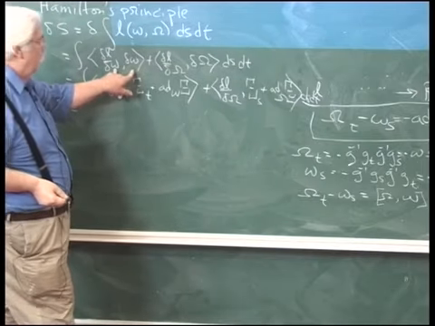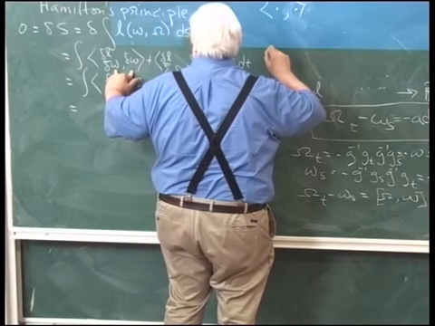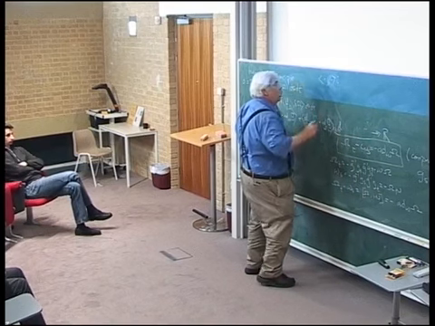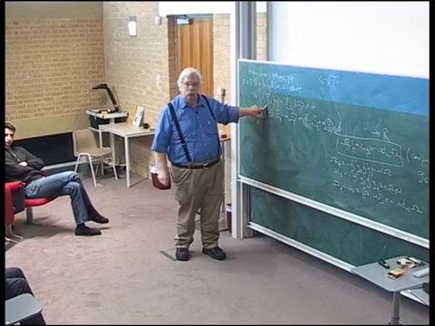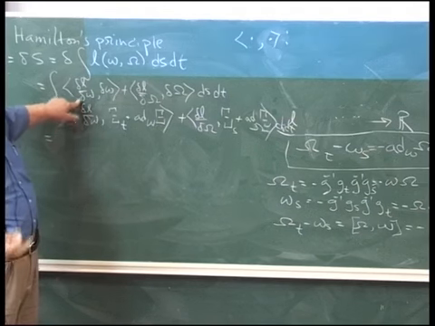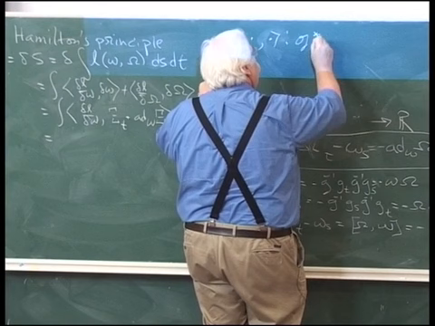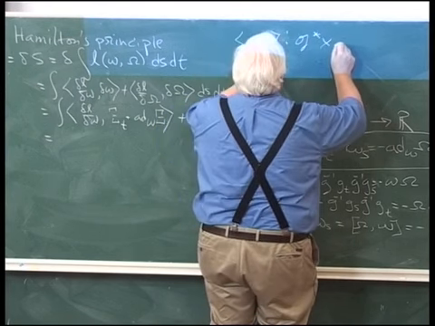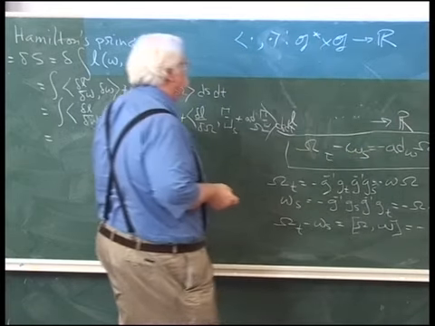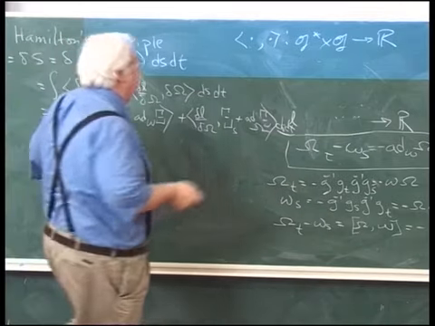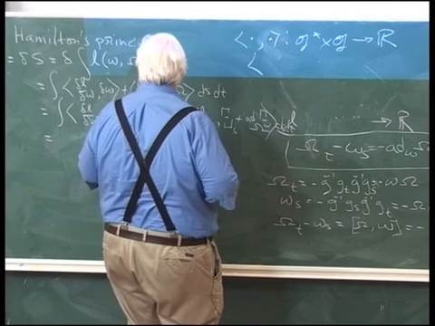So I want to define something. This guy is a pairing that takes, well, omega is in the Lie algebra. dl d omega is actually in the dual of the Lie algebra, and it's the vector dual. So this pairing takes something in the dual of the Lie algebra and something in the algebra into the reals. Okay, and we can use it to define another quantity. Let's see.